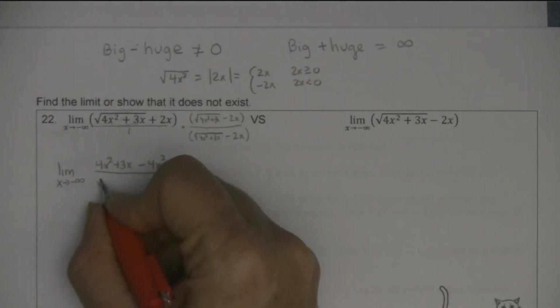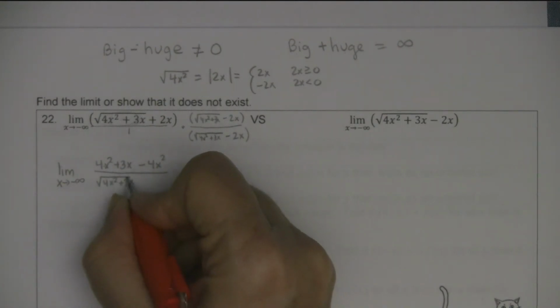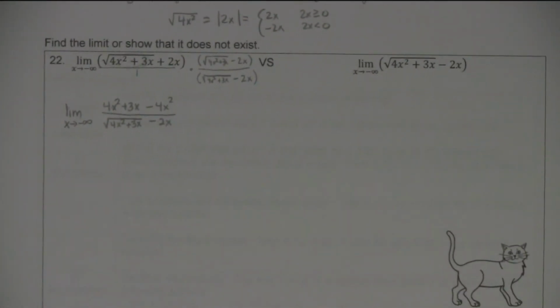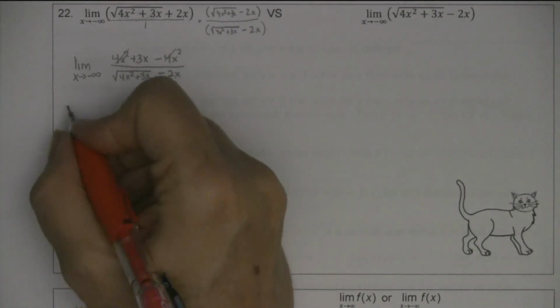And then down here in the denominator, I have 1, and I have 4x to the second plus 3x, and then minus 2x. And now, how I've changed things, in the numerator, I have 3x.